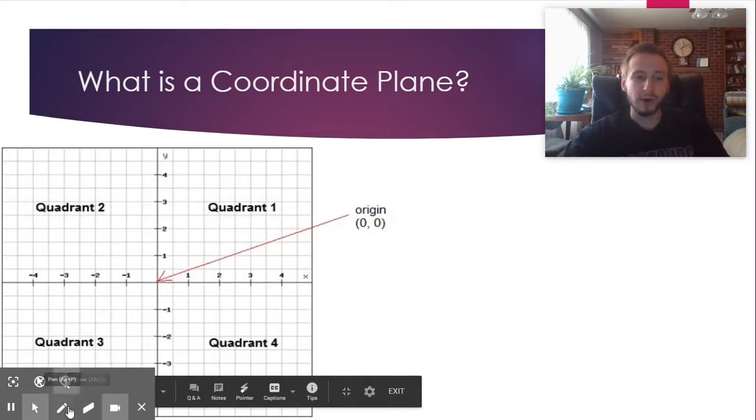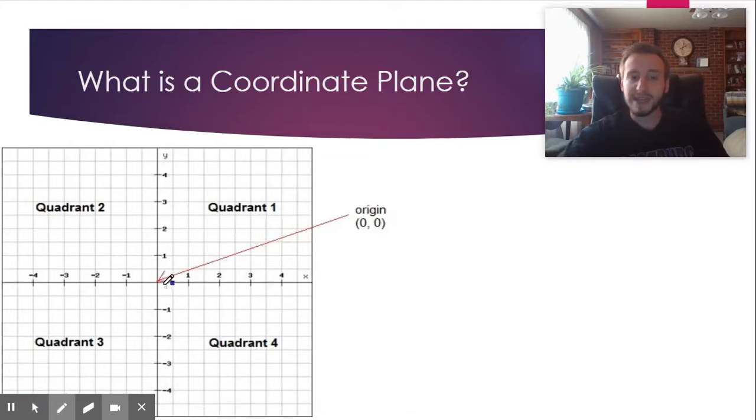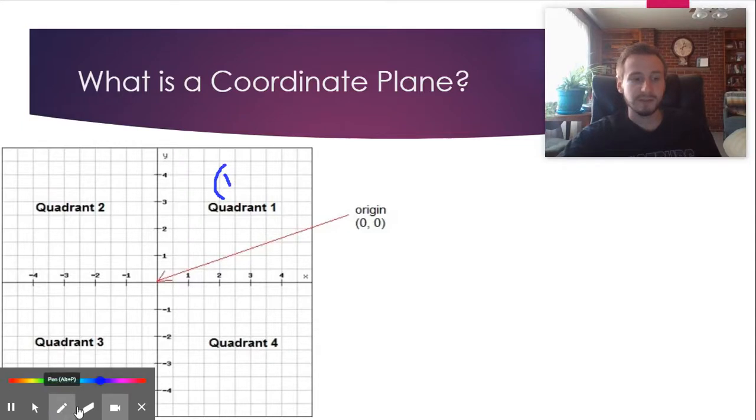Now quadrant 1 always has, if you look at the number lines, positive numbers, right? We have positive 1, 2, 3, 4, positive 1, 2, 3, 4. You may remember working with these last year and in 4th grade as well. You have an x-axis and a y-axis, but always, oops, let me fix that.